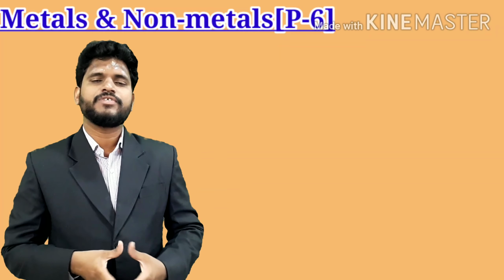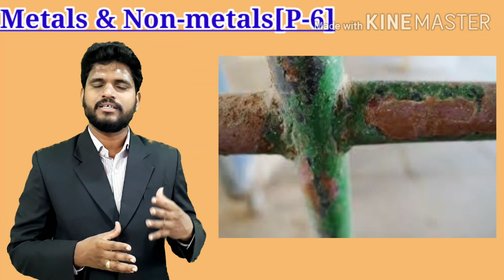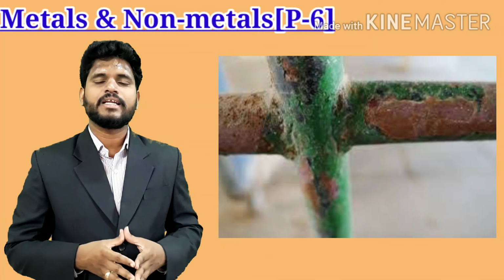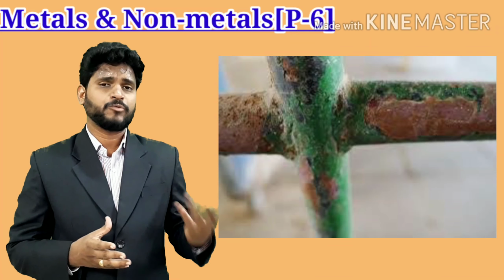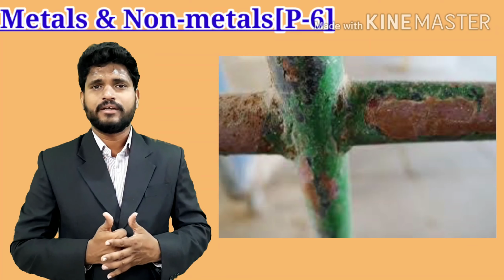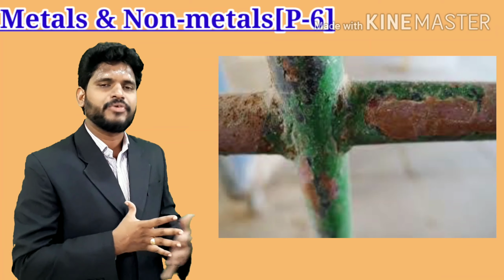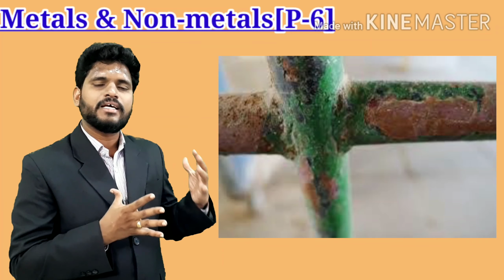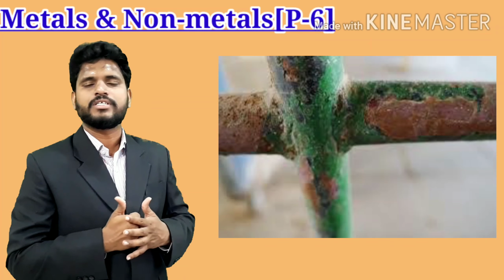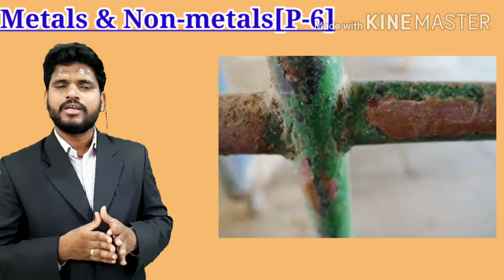The substance formed on the copper is reddish green in color. What is that? Copper carbonate. When copper undergoes corrosion, a reddish green color substance forms, which is known as copper carbonate. Are you clear?